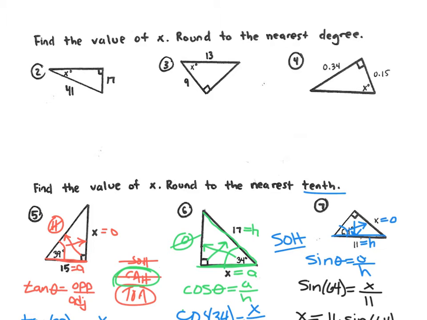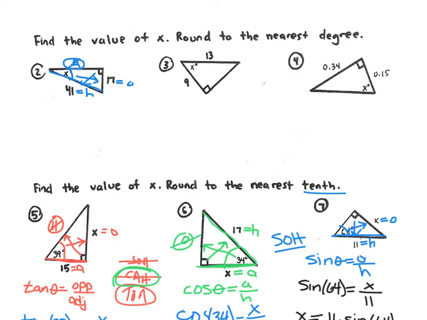Let's go ahead and set up number 2. And number 2 says that the angle right here, that's opposite. Hypotenuse here because it's across from the 90. We do not have A. Okay, so if I think of all the ones that don't have A, that's going to be SOH, S-O-H.